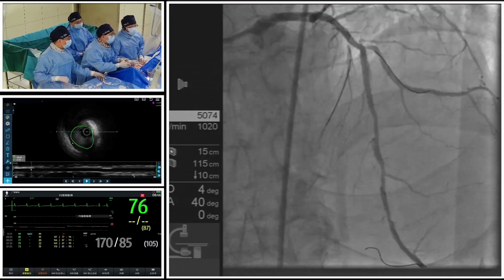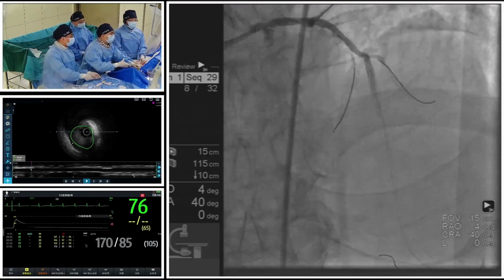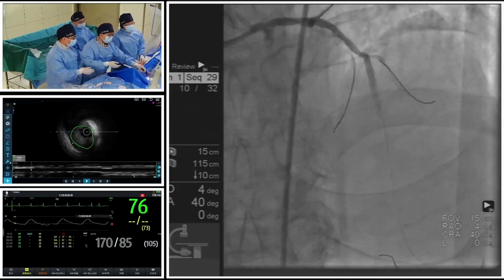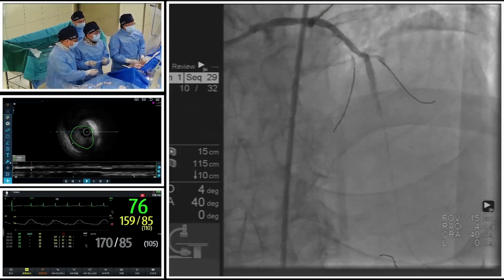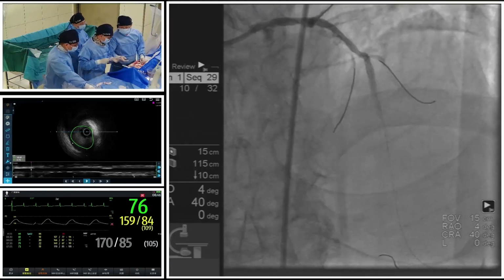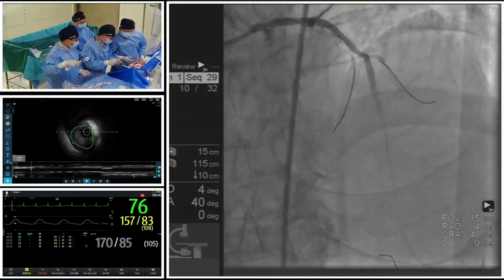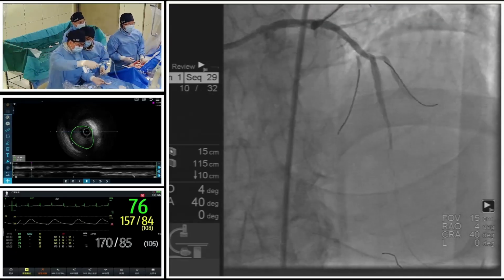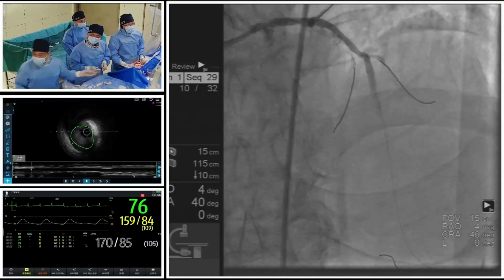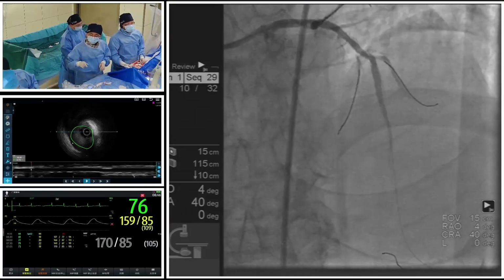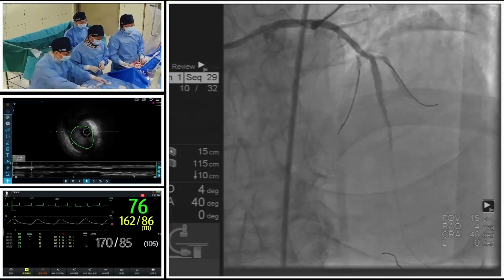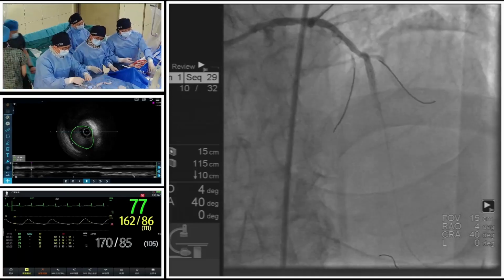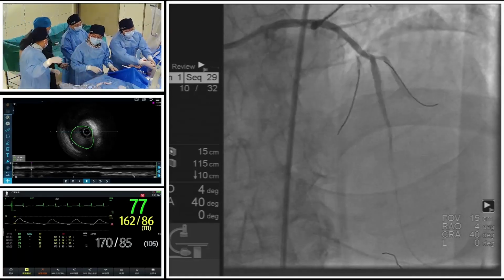Former OCT studies demonstrated that without any intravascular imaging system, the stent expansion ratio is only around 60% or 70%, which is relatively low. So with the help of all these imaging devices, we know the distribution and also the severity of the calcification. So we choose wisely which kind of modification strategy to use.